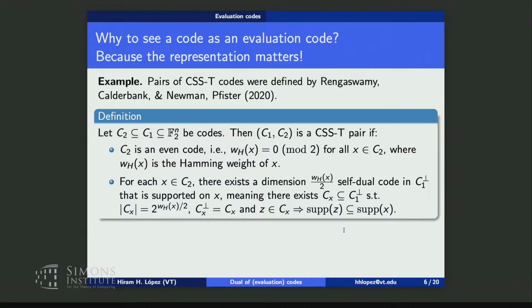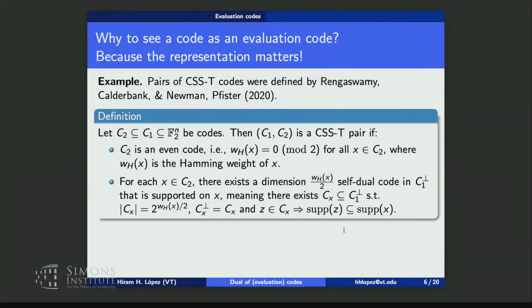And for instance, Professor Calderbank and friends gave the definition for CSS-T codes. The CSS-T codes are important for some quantum codes with certain T gates. It doesn't matter. The point is that if you want to find this kind of quantum codes, you need to have a pair of codes over F_2^n that satisfy these two properties.